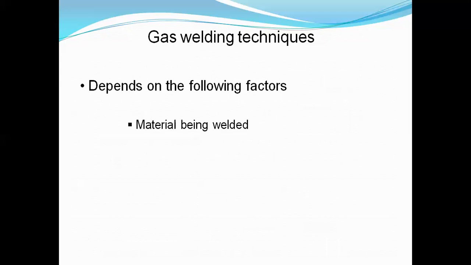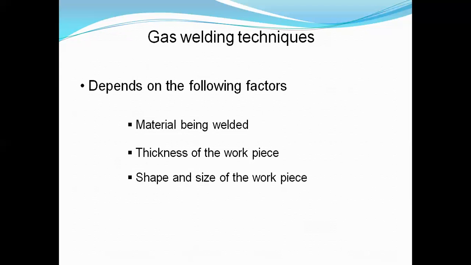The technique depends upon the following factors: the material being welded and its properties, whether it is ferrous or non-ferrous. The thickness of the workpiece, since based on thickness there are different types of gas welding techniques.